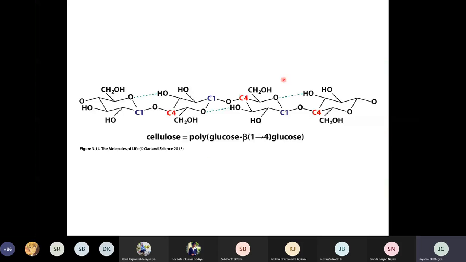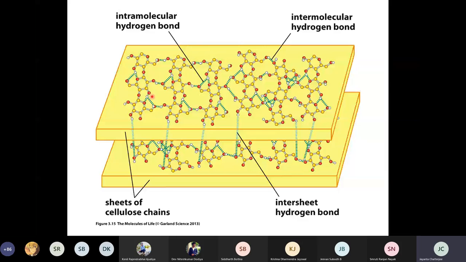And you might also appreciate how the presence of multiple such hydrogen bonds leads to this. Essentially these are all single chains, but all these single chains are held together by intermolecular hydrogen bonds, which can occur in the plane, across the plane, and in different planes, and that gives this molecule its very hard nature, right?